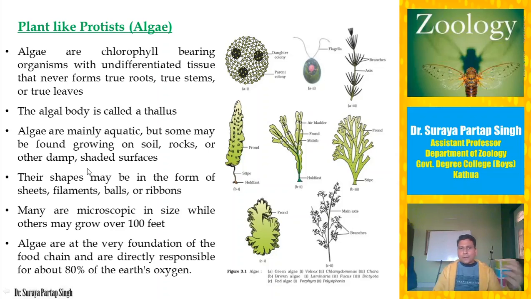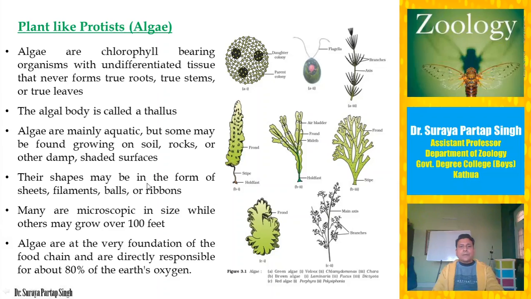Because if they are directly exposed to sunlight, the water will dry up, they will desiccate, and they will die. The condition is that the area should be shaded, otherwise when the sun evaporates the water, the algae will start dying there.